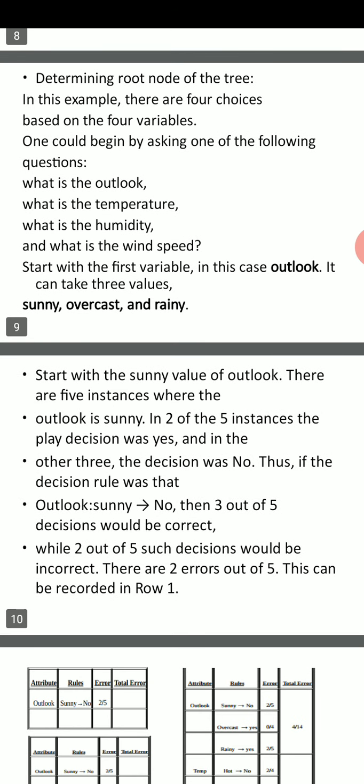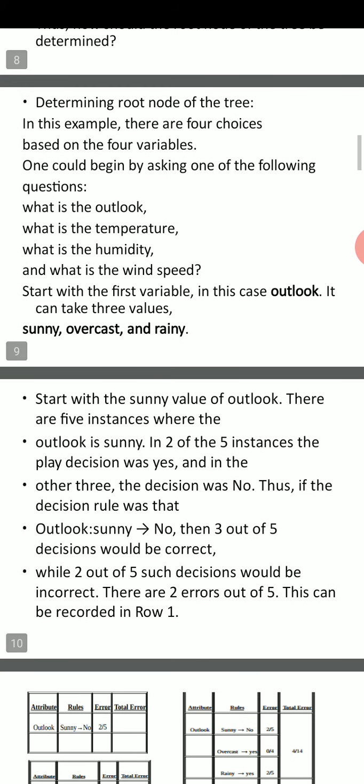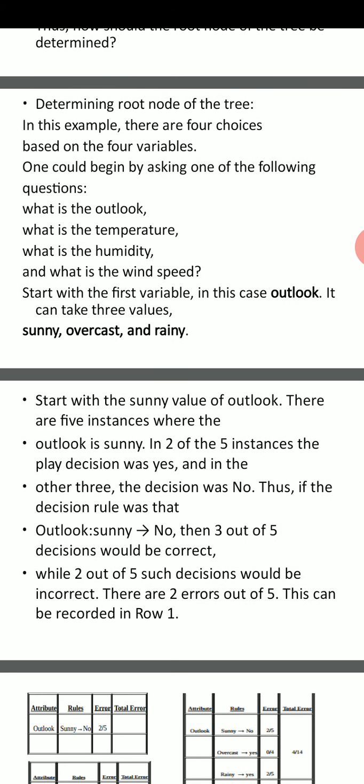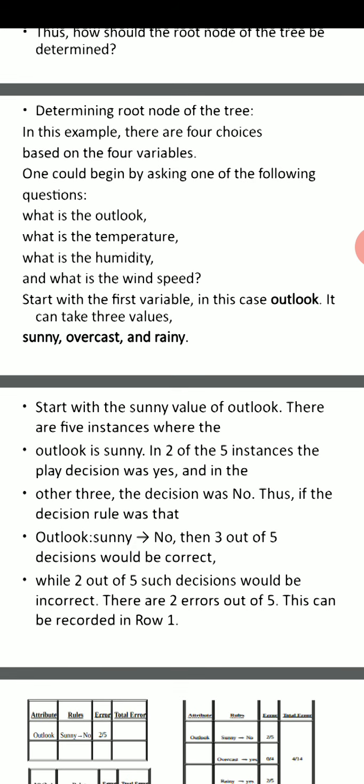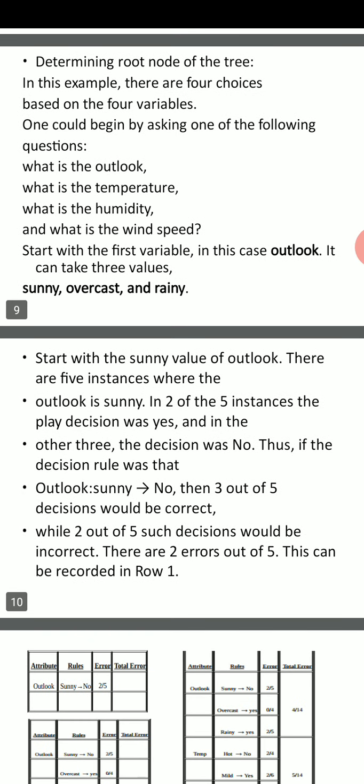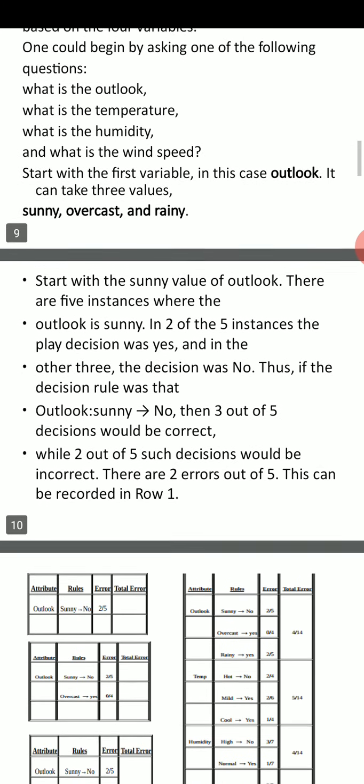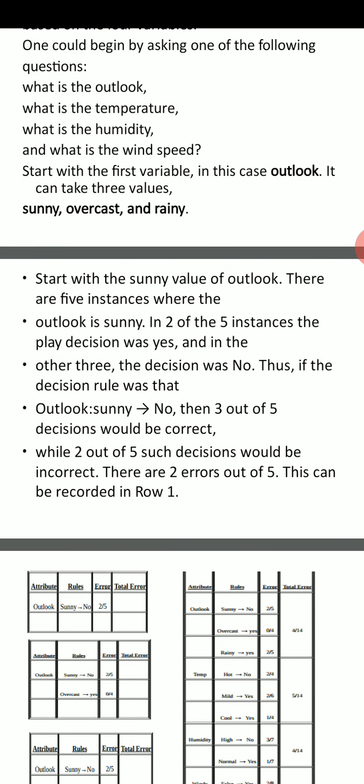In two of the 5 instances, the play decision was yes, and in the other 3 decisions it was no. So if the decision rule was outlook sunny, no, then 3 out of 5 decisions would be correct, while 2 out of 5 decisions would be incorrect. There are 2 errors out of 5.